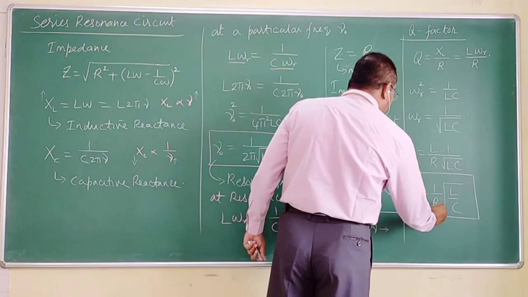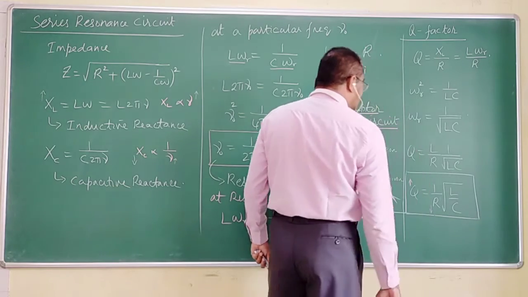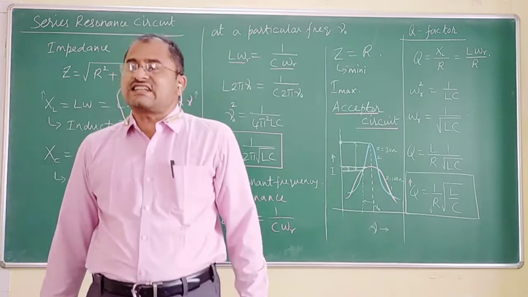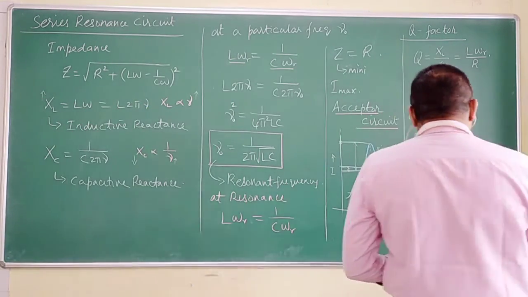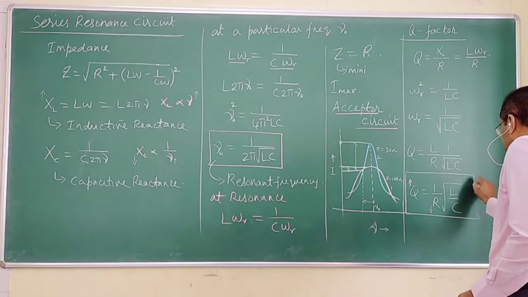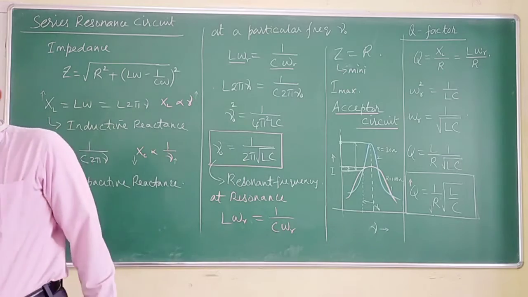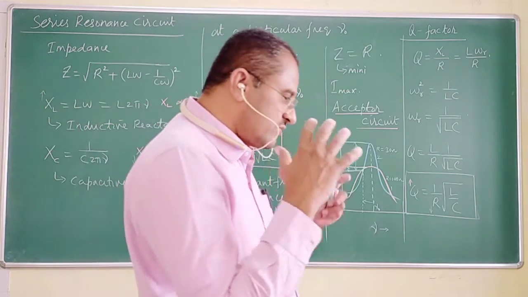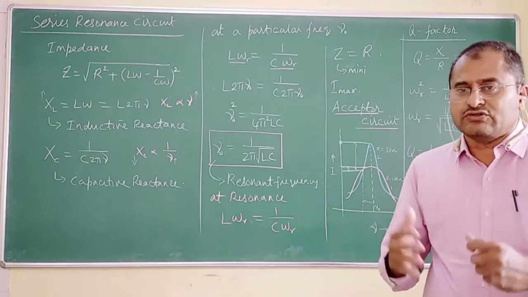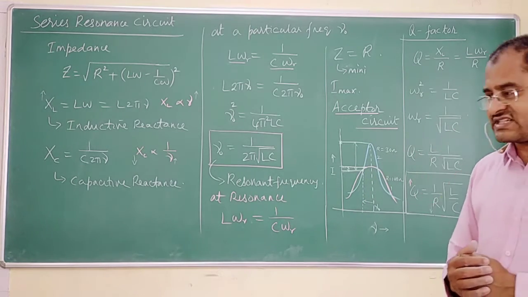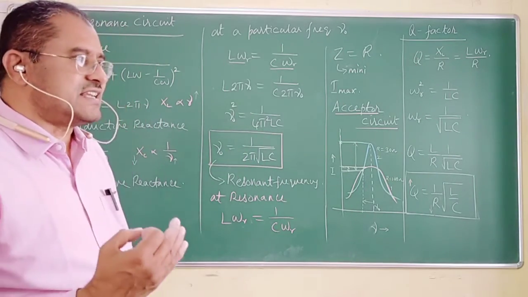Therefore, as the value of R decreases, the quality factor, the sharpness of resonance of an LCR circuit, increases. This expression clearly tells us that the sharpness of resonance depends on the resistance of the circuit. If the LCR circuit uses a minimum value of resistance, then the sharpness of resonance will be very high.